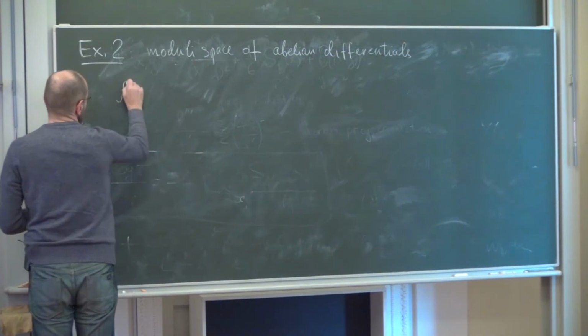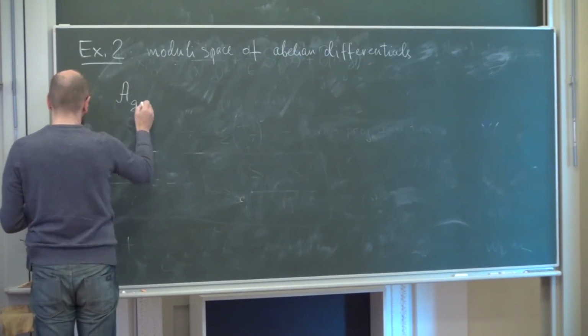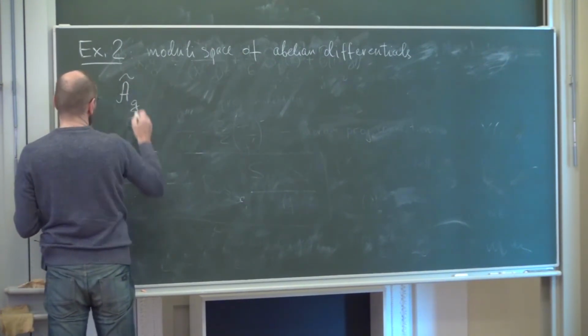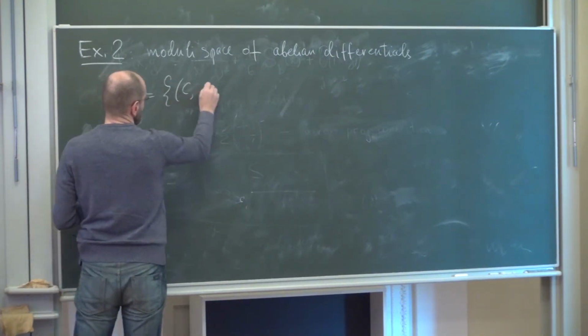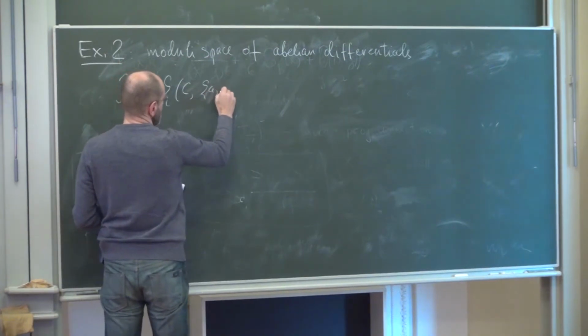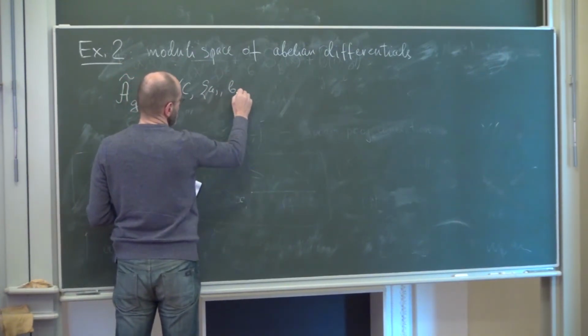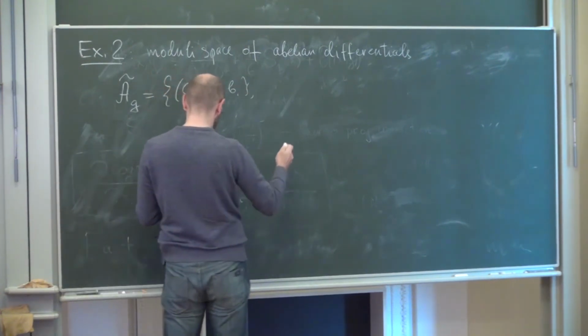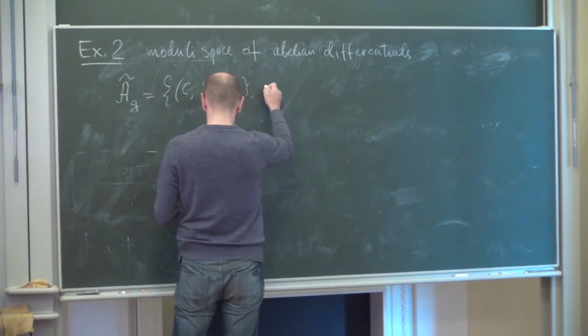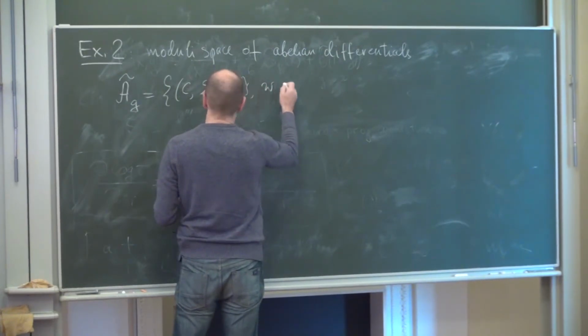Again, we start with a rather big space, H D tilde, that consists of triples: C, the canonical homology basis, and a holomorphic abelian differential, say w.